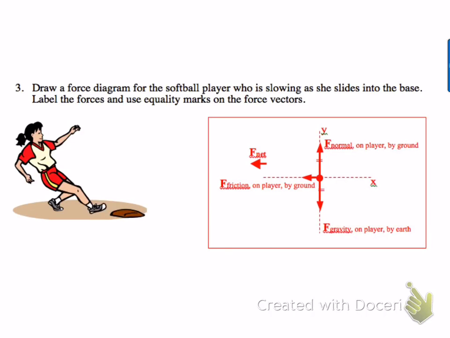So, do you see how all of these are on the player, on the player, on the player? That other force is not on the softball player, it's on the ground. So if we were doing one of these on the ground, then we would write that. But for this one, we're not going to.